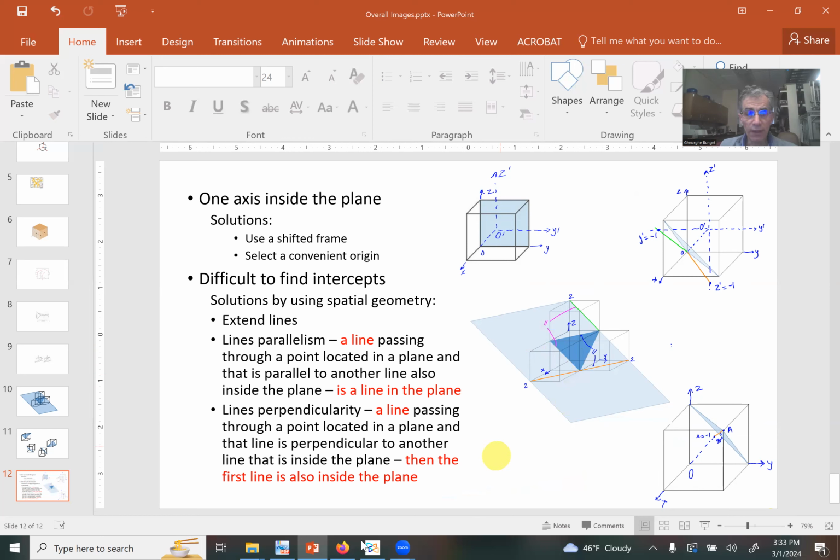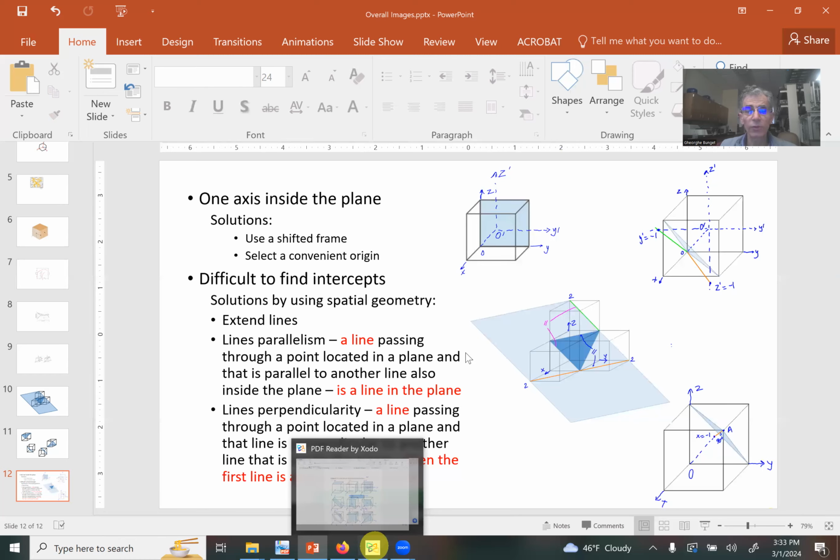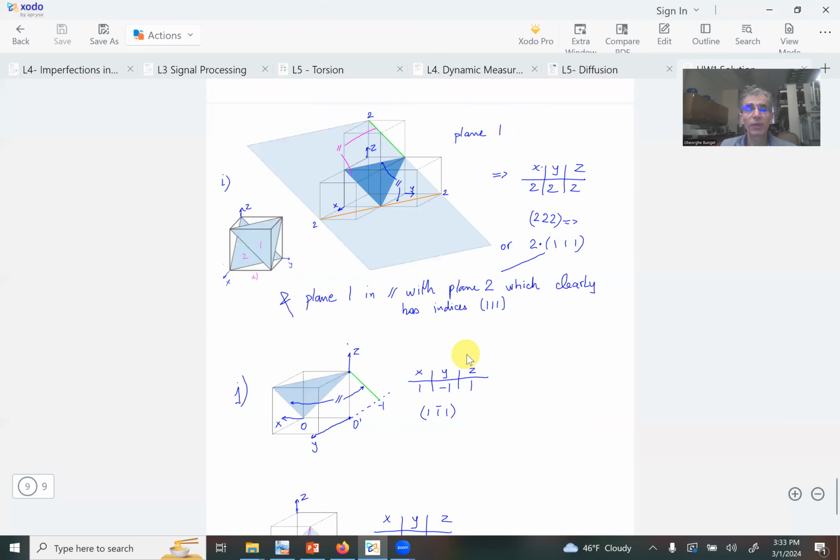As a matter of fact, I did this in the solution right here. I was explaining that situation there.